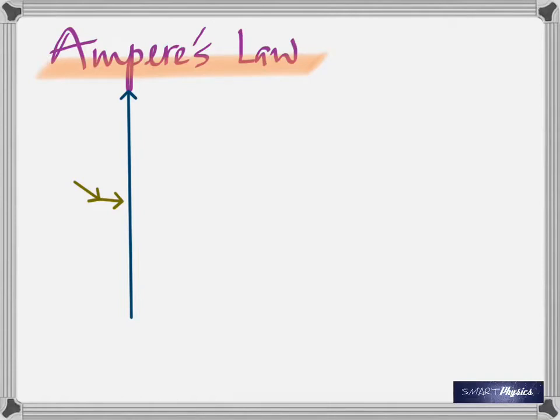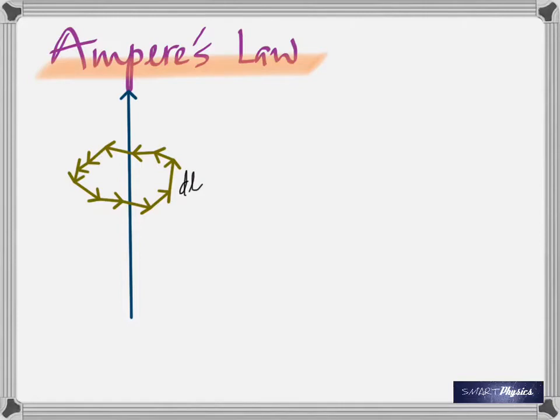Now, what you need to do is imagine a loop around the conductor. It need not be a circular loop, just a closed path. Can you imagine a closed path around the conductor, maybe irregular like this? That's a closed path.